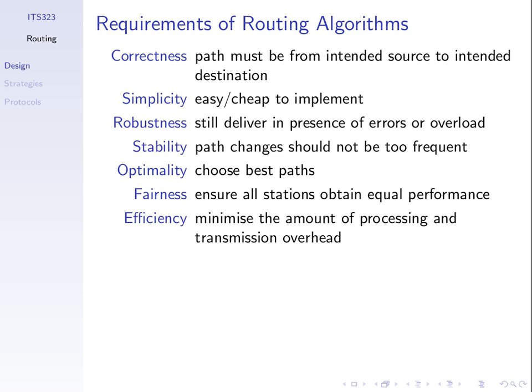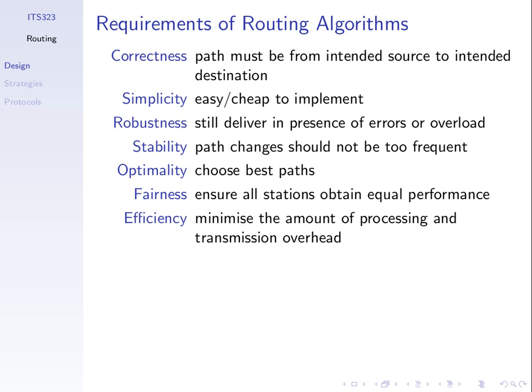The path cost is 4 in this case. And if you checked all the other paths from 1 to 6, 4 is the least cost path. Okay, that's the best one. If my algorithm returns something else that is not the least cost path, it's incorrect. Okay, that's an obvious requirement. We need to choose the correct paths.